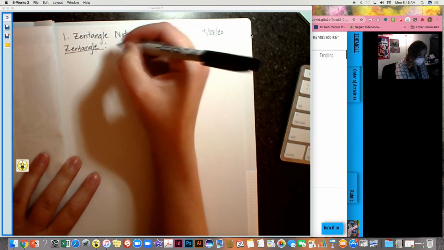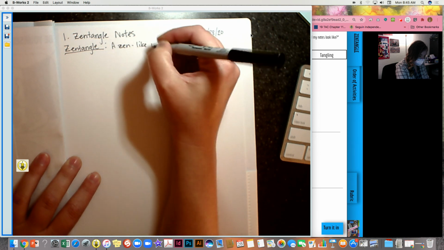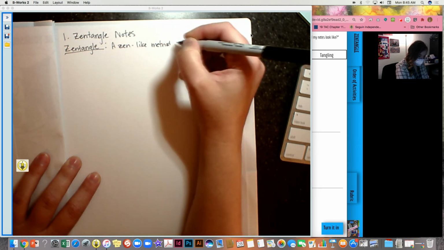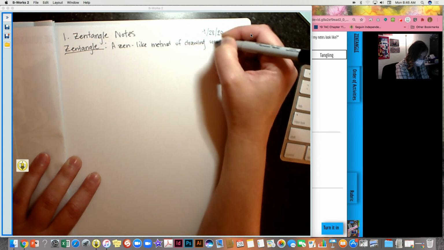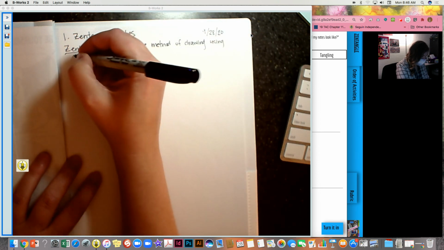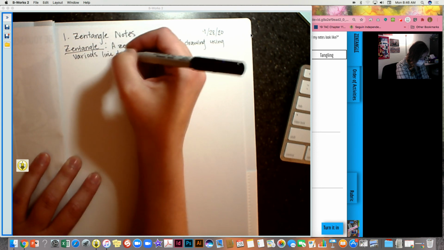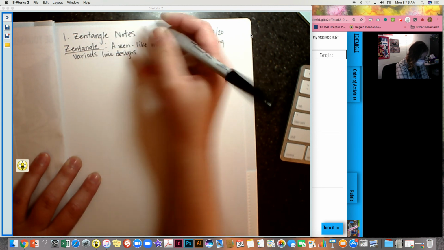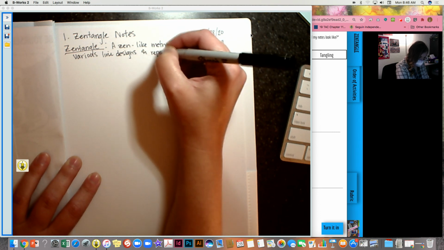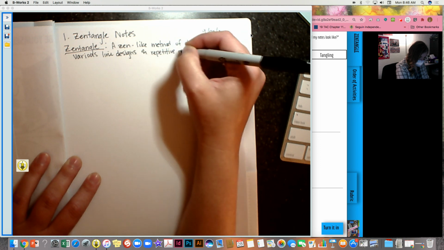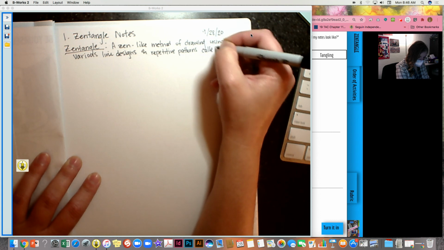So Zentangle is a Zen-like method of drawing using various line designs and repetitive patterns called tangles.